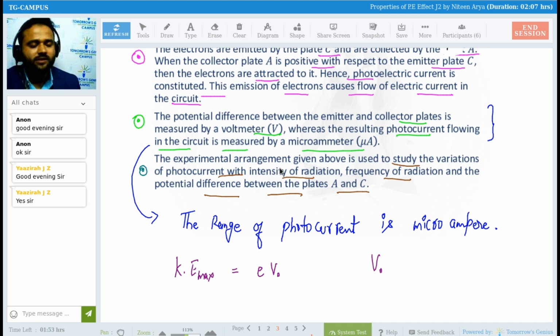The flow of electrons being high means the current is going to be high. And how your photocurrent is going to behave with the intensity of radiation and frequency of radiation, we are going to see with this. Is this clear, everyone?